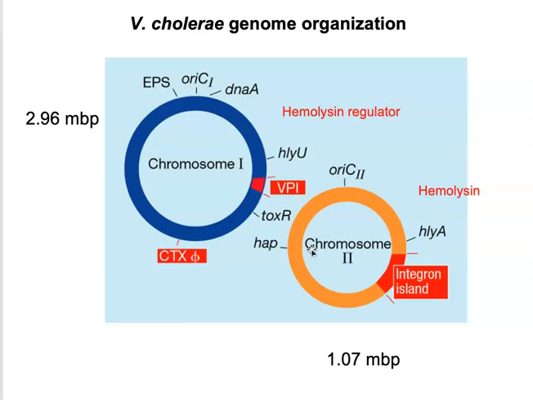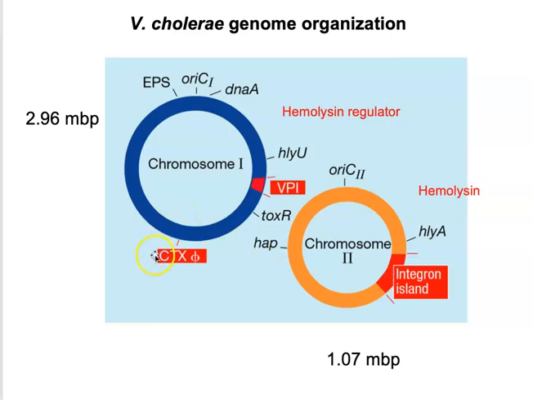But another important feature that I wanted to point out here is that some of these things in red are horizontally acquired novel pieces of genetic information that expand the genotypes of microbes and that don't rely on natural evolution, the build-up of point mutations and so forth.